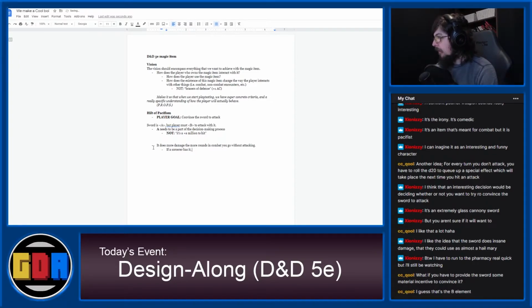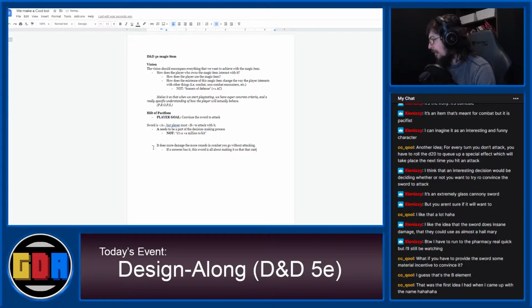this sword is all about making it so that the caster, it doesn't have to be a sorcerer, is incentivized toward attacking in melee later on versus earlier on.